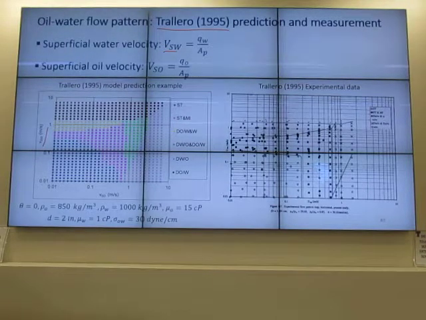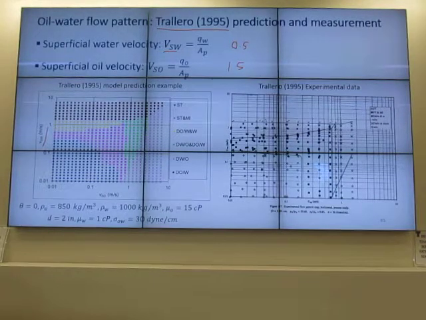To read the flow pattern map, we want to know the superficial velocity of oil and water first. After that, we read the chart. For example, if my VSW is equal to 0.5 and VSO is equal to 1.5, what I do is I put all the fluid properties and pipe geometry into the software, click a button, and it shows the flow pattern map.